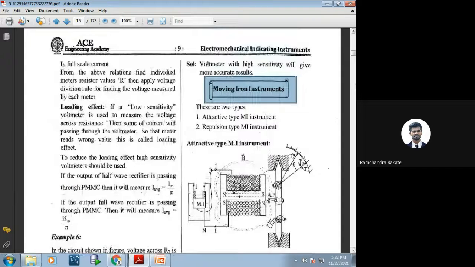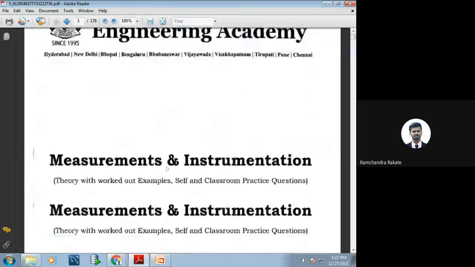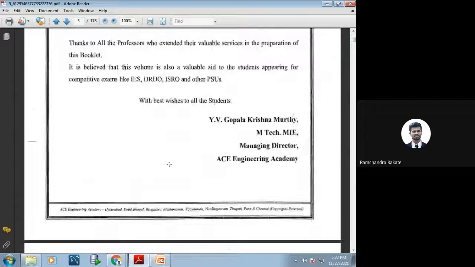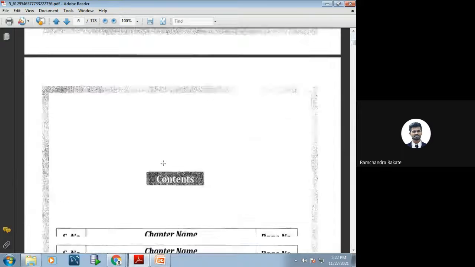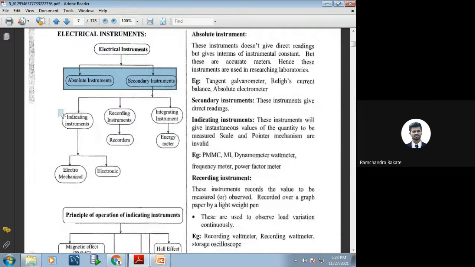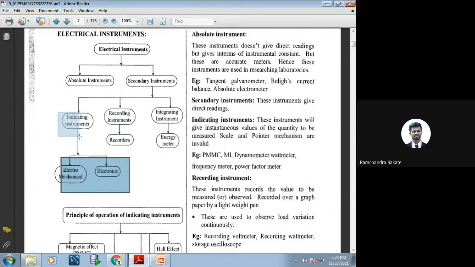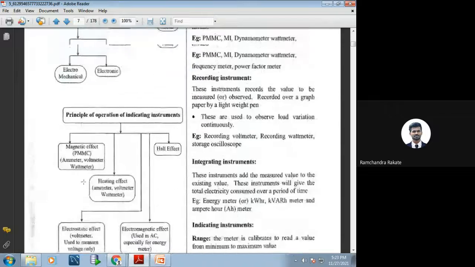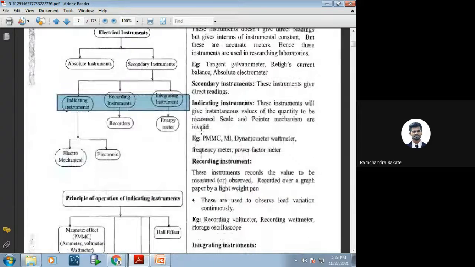For now, let us just recap what we have looked at. We started with the types of electrical instruments, absolute and secondary. Among those, we classified secondary instruments as indicating, recording, and integrating instruments. Indicating instruments are your PMMC, MI, dynamometer wattmeter, frequency meter, power factor meter.